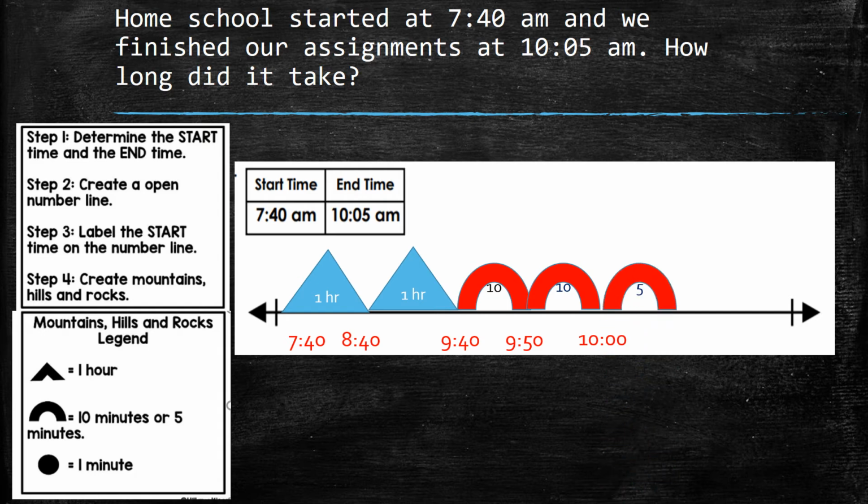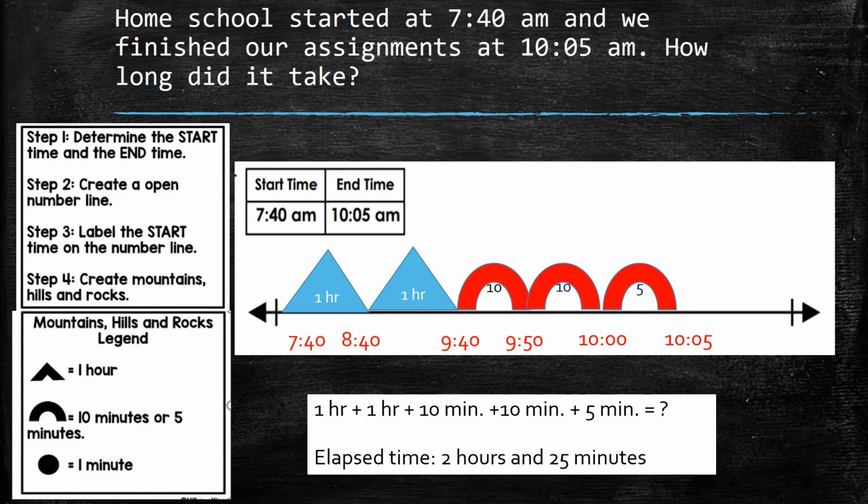I can even make it a little smaller and know that it represents 5 minutes, making my end time at 10:05. So putting those all together, I have 1 hour plus 1 hour plus 10 minutes plus another 10 plus another 5 minutes. Putting that together, I have 2 hours and 25 minutes of elapsed time. That's how long it took to do your homeschool assignments.